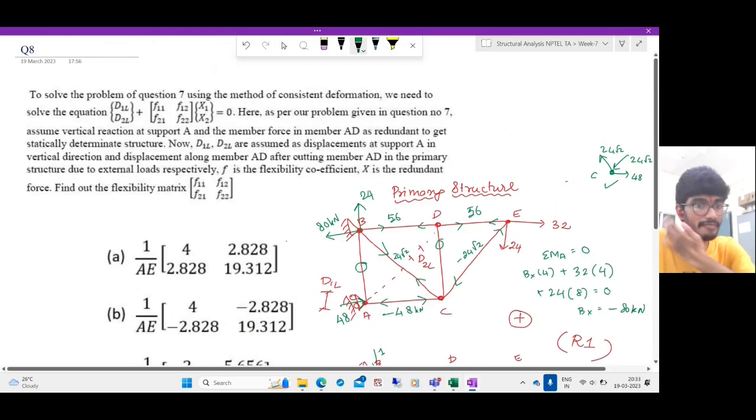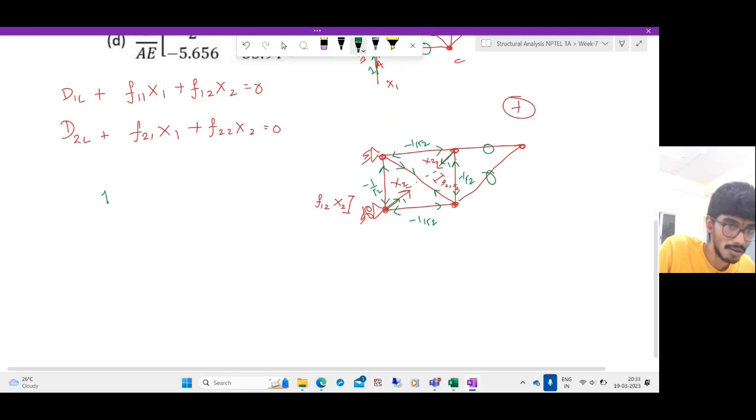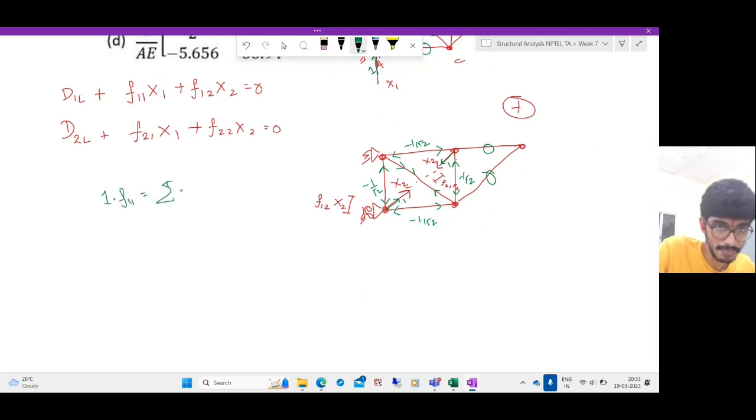Now let us determine the flexibility coefficients. Using the principle of virtual work, we know that 1 dot F11 is equal to the summation of N1 L by A over all members.